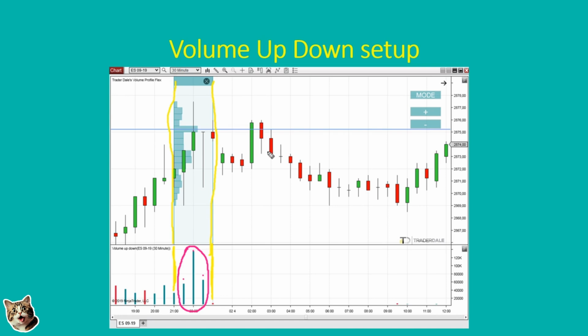Now you identify where the volumes were the heaviest, in here. Then you wait until the price moves away from the level and creates 1 or more candles above or below it. In this case, the price goes downwards. This is the first whole candle below the level. So now you get ready for a short. You wait for a pullback to this level, and you go short.